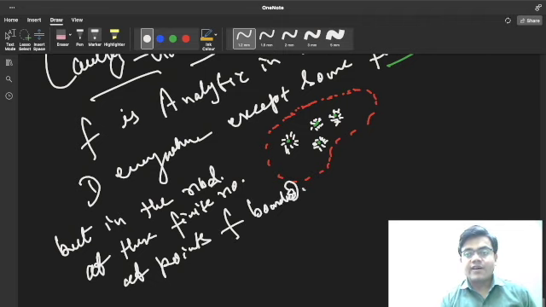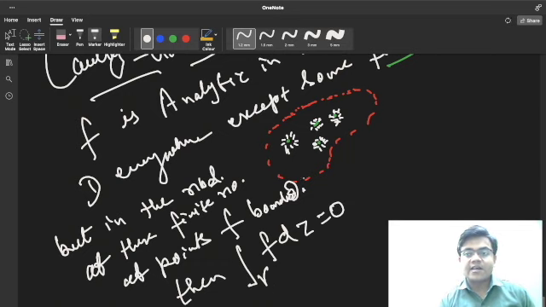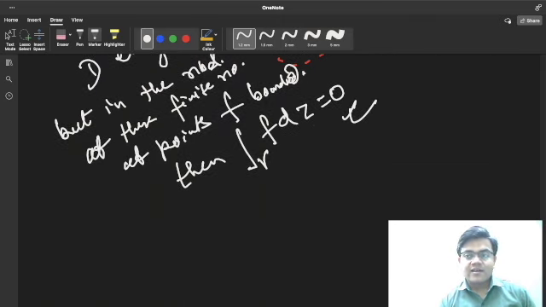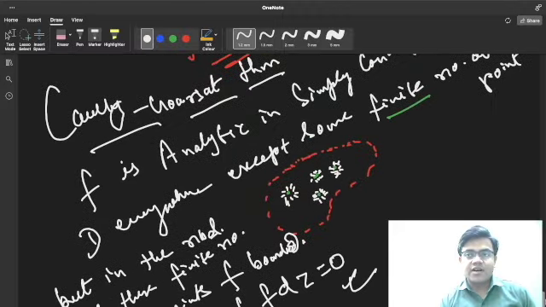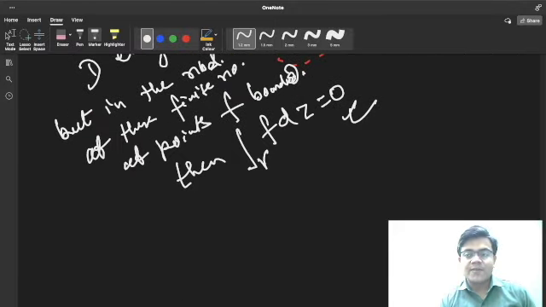Then the integration along gamma of f dz will again be 0, where gamma is any closed curve inside this domain. So you should remember this extension as well. This is called the Cauchy-Goursat theorem or Cauchy-Goursat lemma.